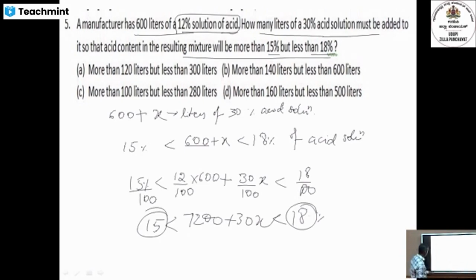So let's check it. So this becomes 7,200 plus 30x. If you consider 18% of the solution, that is 18 times 7,200 plus 30x.